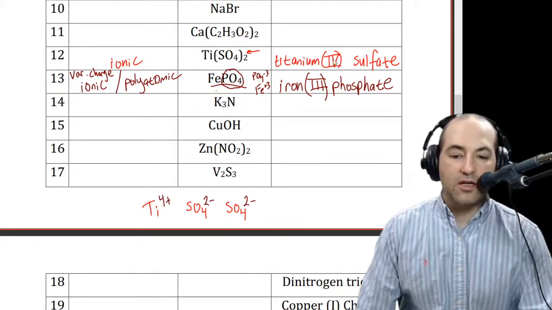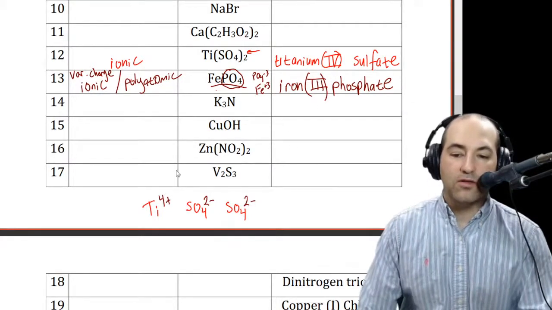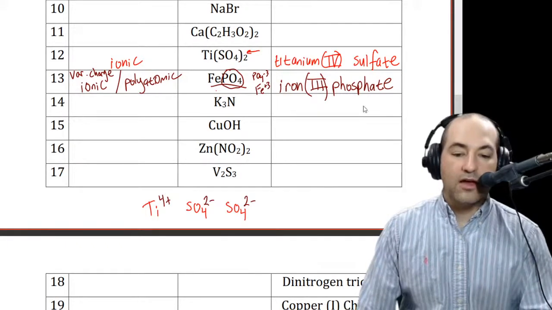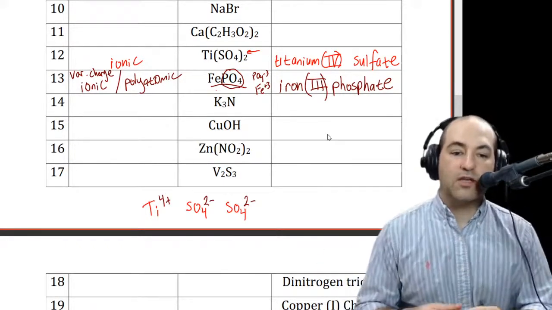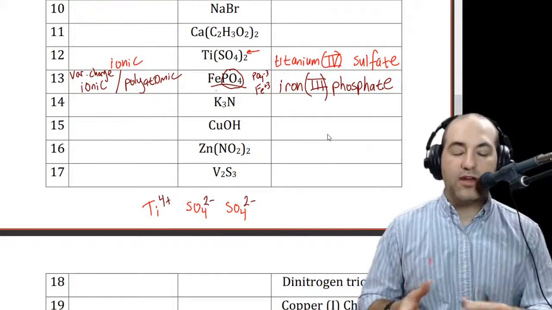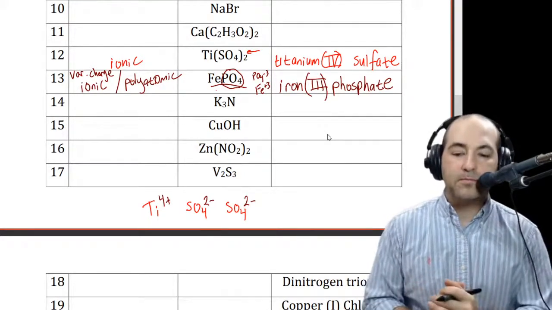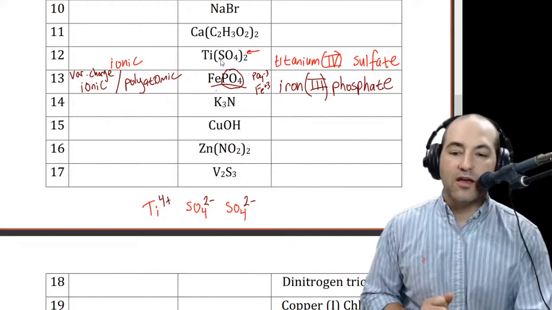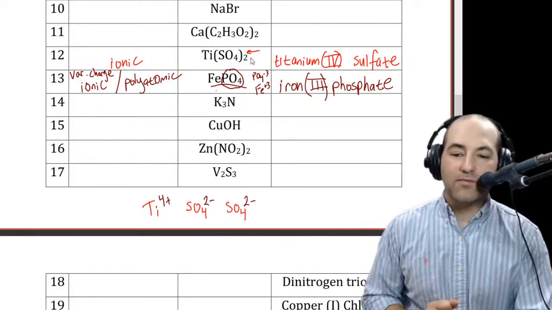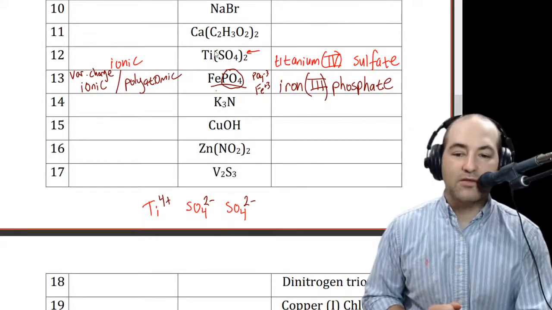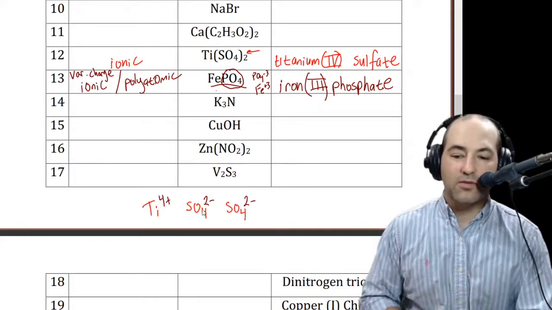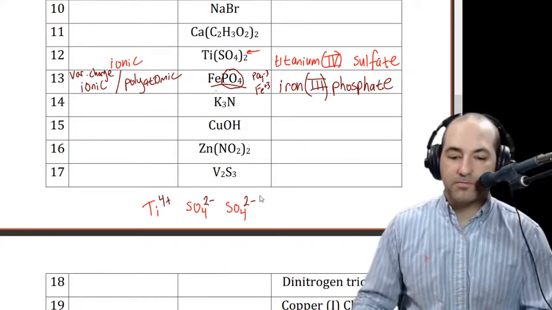That's why the titanium gets the 4 rather than the 2. That's another reason why the idea of crisscrossing the charges can be helpful, but you also have to actually know where that comes from. Because in this case, if you just flip-flop the charges, you're going to get it wrong, because titanium is not 2+, it's 4+ here because sulfate is -2.